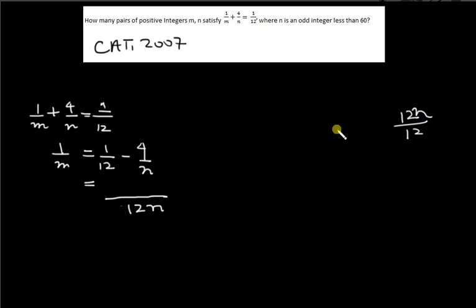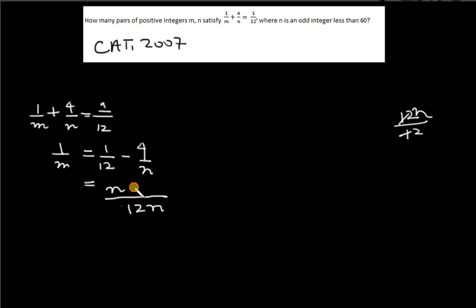So what is left after solving this is only this n. So I write n here, and there I put this minus sign. Again, in this case, I have to put this denominator, and the LCM 12n here. So what is left is only 12. So now I write 12 here.